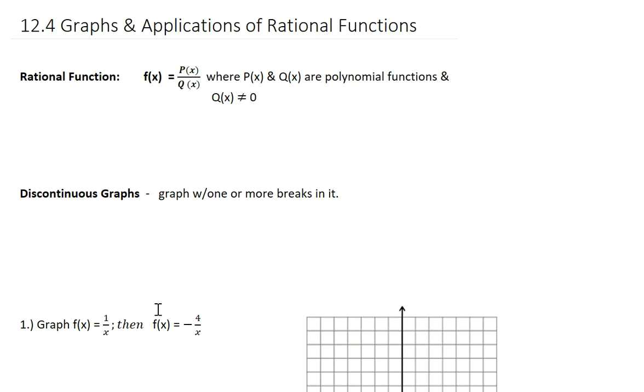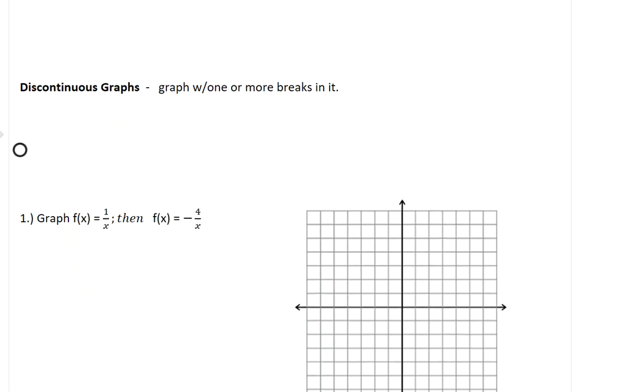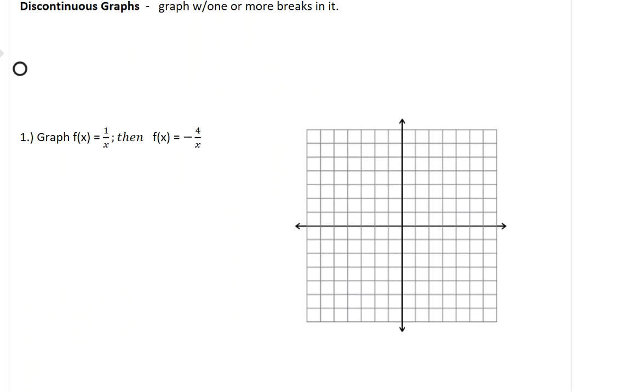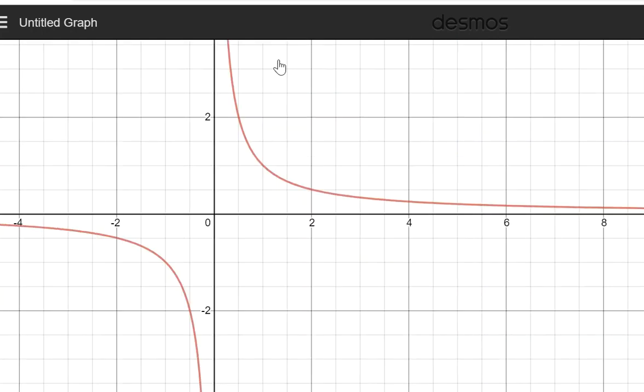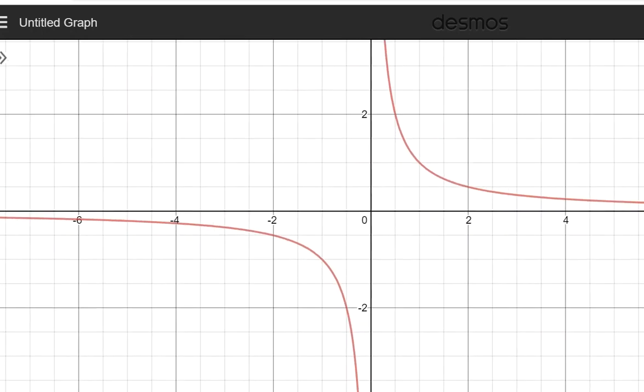So in this first question, we are just going to graph f of x equals 1 over x. So let's start there. If you take a look at it, you can see that we have some asymptotes happening here.